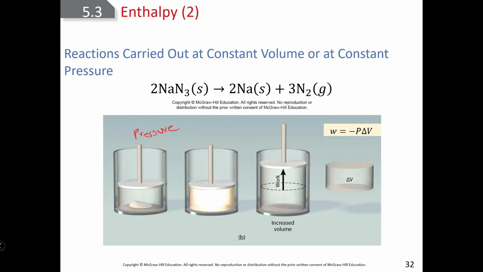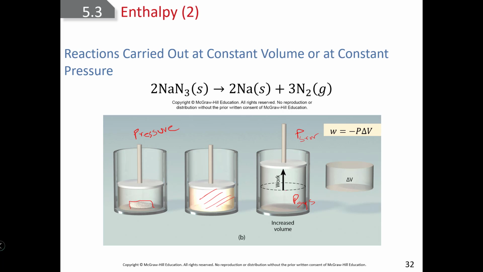And so, again, here's our sodium azide. We add a spark, we get a reaction. And the piston, to keep the pressure inside and outside the system equal, all right, these two pressures, pressure of the system and pressure of the surroundings, is equal. That means the volume has to change.